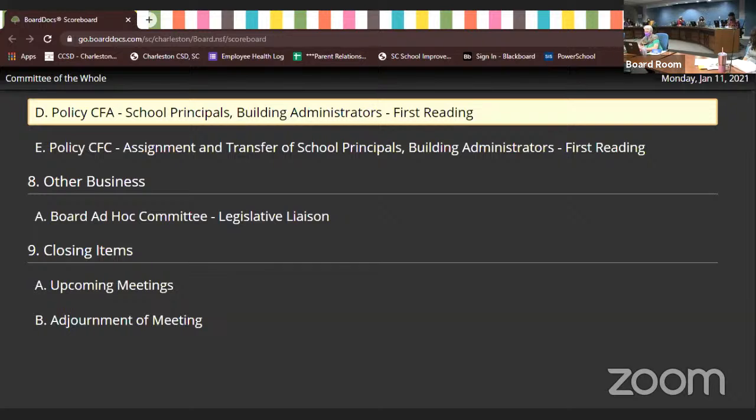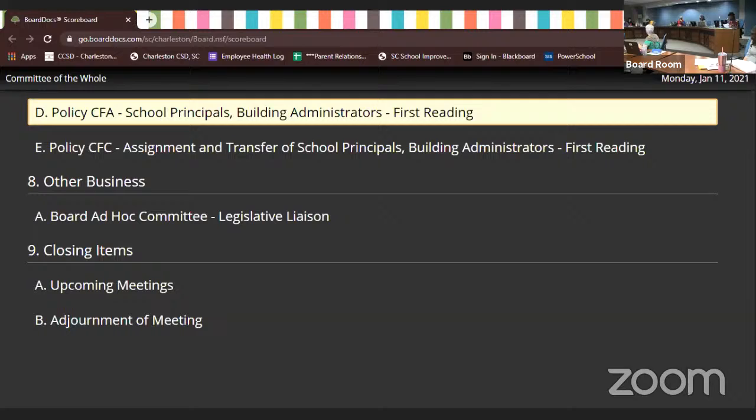Right, it's just a scrivener's error. Is it the responsibility of the principal to oversee the local, special revenue, state, federal, and grant budgets? With direction from the financial department, yes, and there are some federal grants that the principal has to weigh in on first before we are permitted. Okay. Good catch.